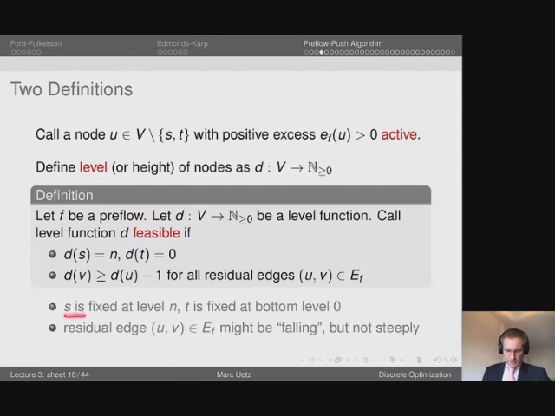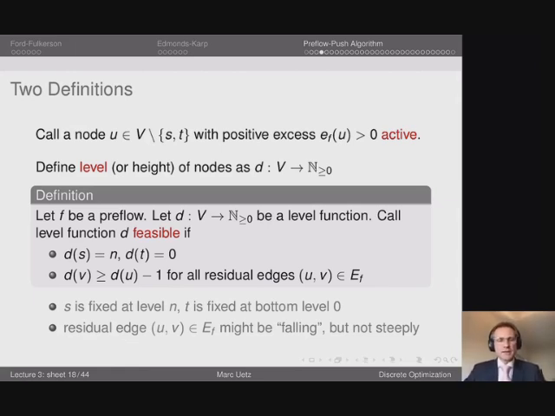Well, as the source vertex is at level n, we're trying to let the flow go out of S from level n. The target node is fixed at the bottom level 0. And then we require that residual edges of the corresponding residual graph may be downward sloping, but not steeply. They might be upward sloping, downward sloping as well, but only by 1 unit in terms of this level function.